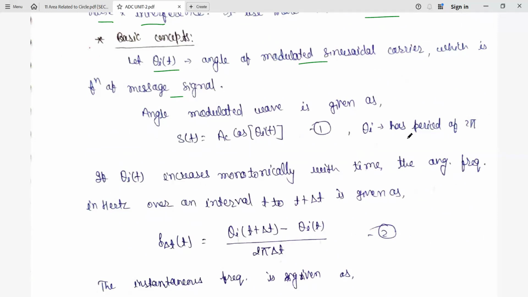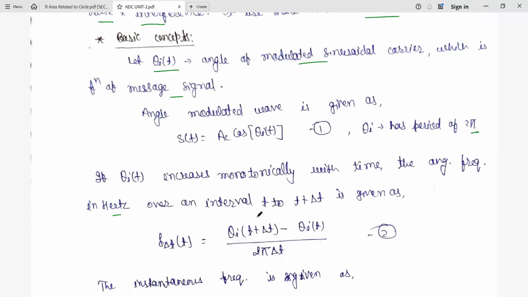Where theta i of t has a period of 2 pi, like we have sine and cos. This theta i of t is going to increase monotonically with respect to time, and the frequency, whatever we are going to take, is in hertz.